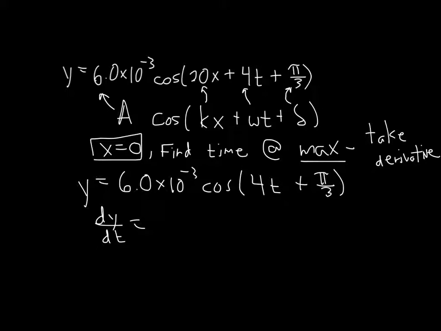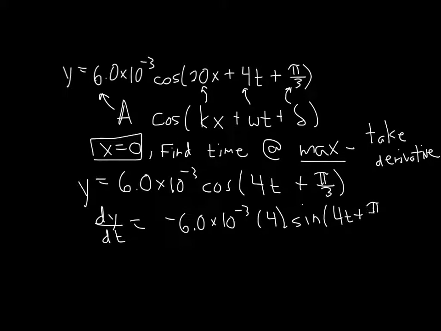I can do that pretty easily. The derivative of cosine is going to be negative sine. So I'm going to get negative 6.0 times 10 to the negative 3 times 4 times sine of 4t plus pi over 3.